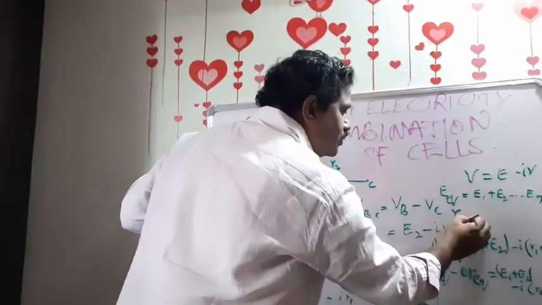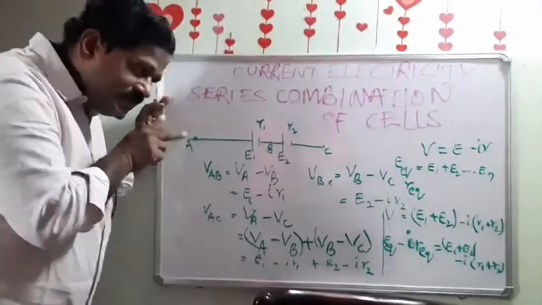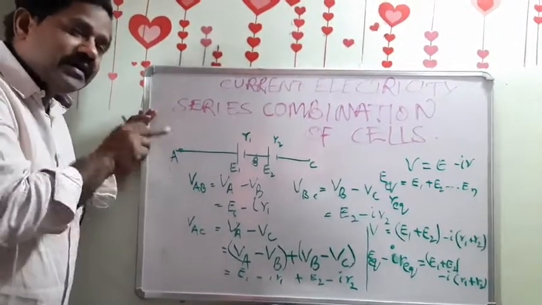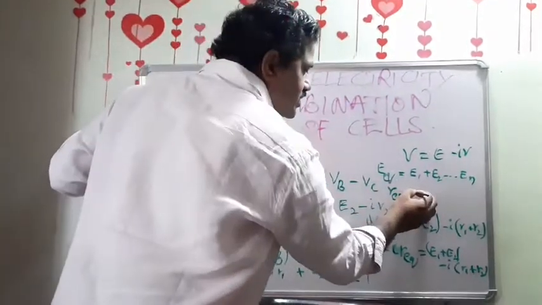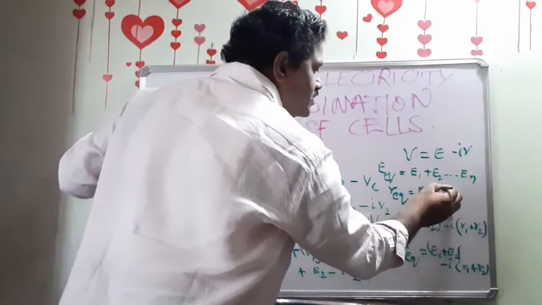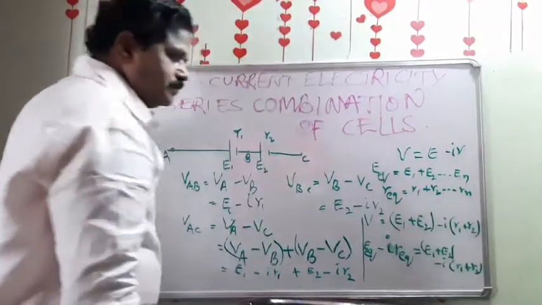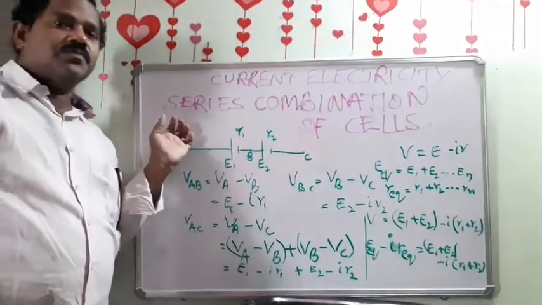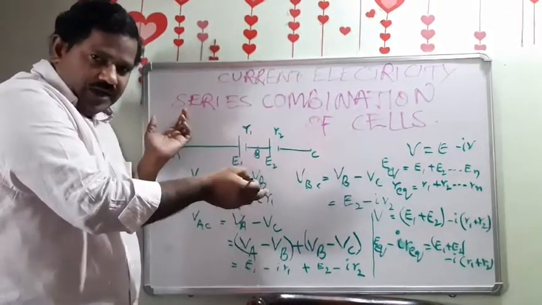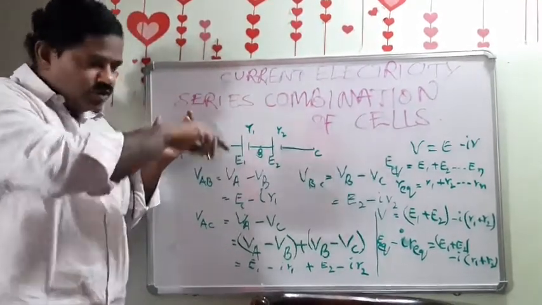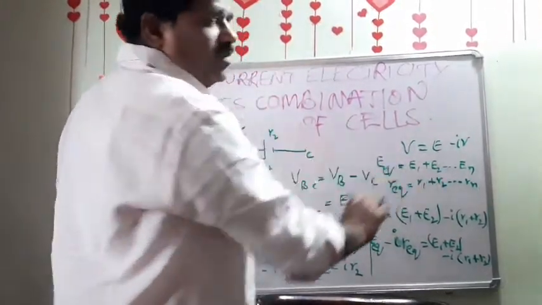Similarly, REQ, meaning the internal resistance of the whole combination of cells, is R1 plus R2 and so on up to Rn. That means if you want to replace these two cells with one cell, that cell should have an EMF E1 plus E2 and internal resistance R1 plus R2.